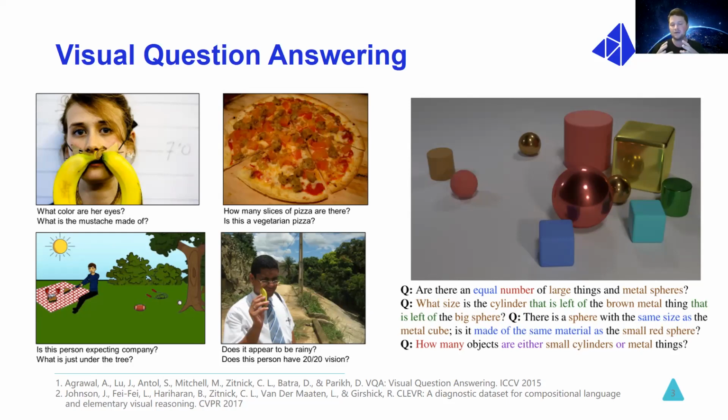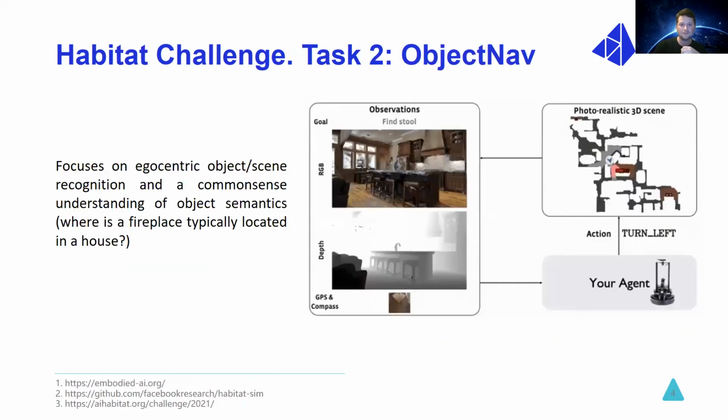If you take one step further from this visual question answering idea, we can arrive at the Habitat challenge. That is a challenge and data set with the same name, which consists of scenes for a robot. It's a real environment: pictures were taken and an environment was constructed from them.